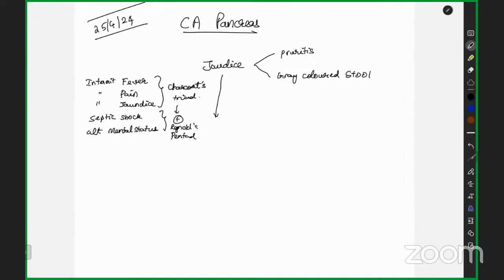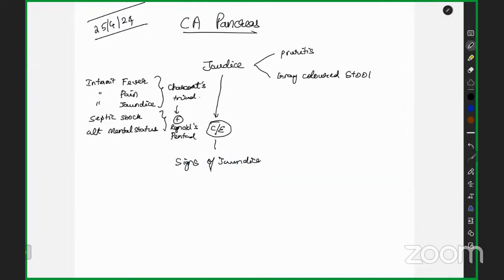Reynolds pentad. Okay. So now you're going to do a clinical examination. You're going to find all these histories and all these signs. Now you're going to check whether there are any signs of jaundice. If you see signs of jaundice, what do you do next? You're going to see whether there is any lump.